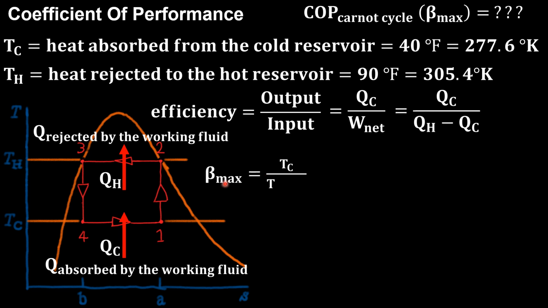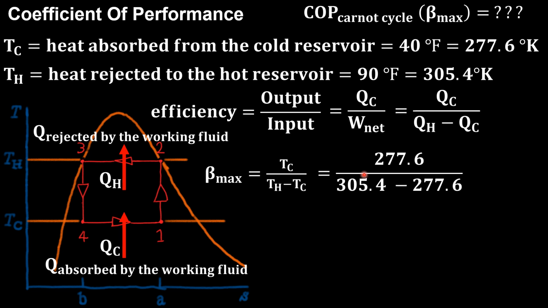So for the maximum theoretical energy, from thermodynamics, the heat transfers, which are in this case Q sub C and Q sub H, are proportional to their respective reservoir temperatures, T sub C and T sub H. So we will plug in the values that we are given, and here we can find that the maximum coefficient of performance is 9.98.